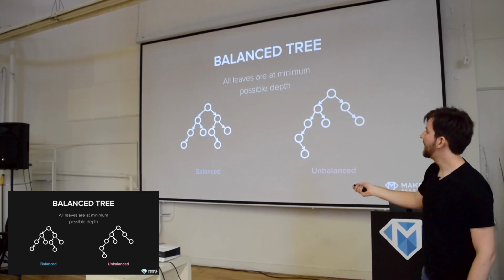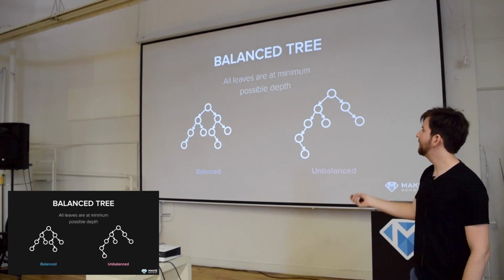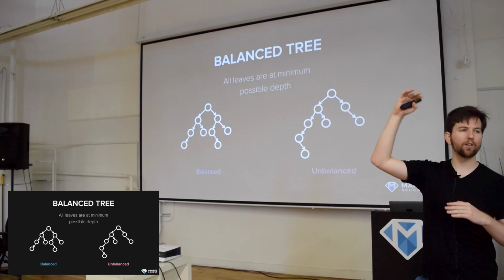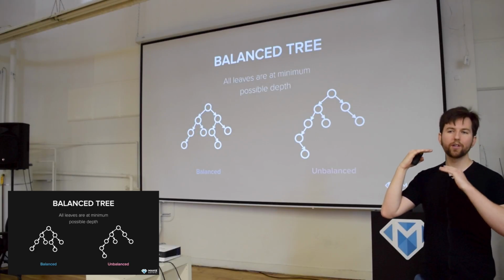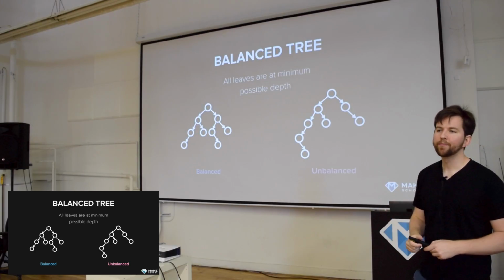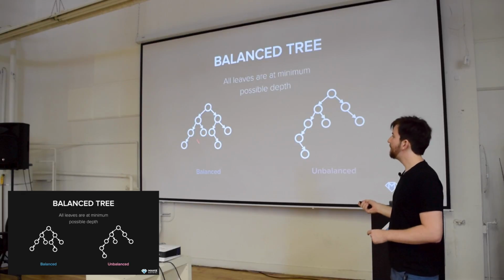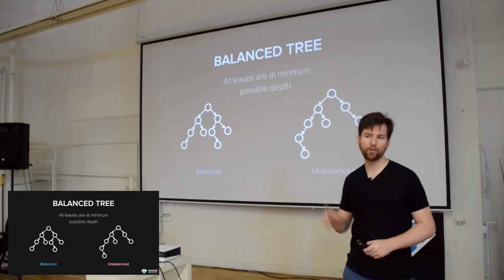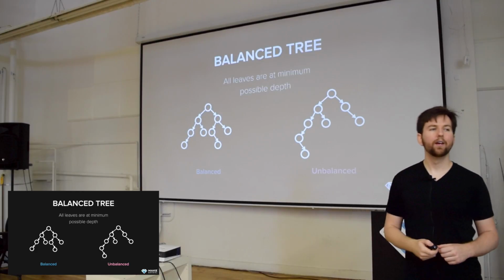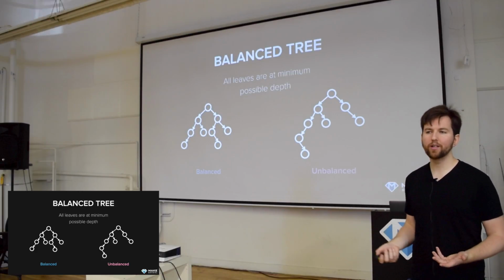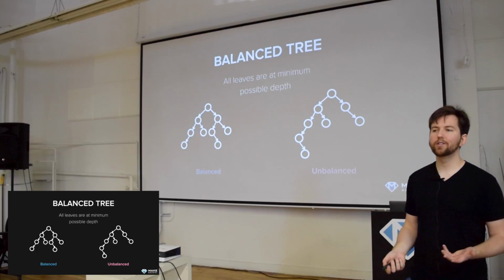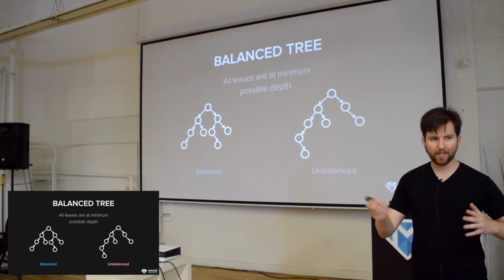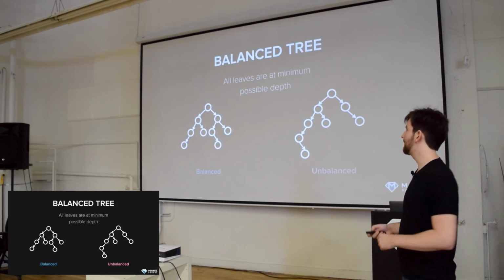But this tree is balanced because these nodes here have nowhere to go. They can't be in any higher level. So those leaves are at the minimum possible depth. Keeping trees balanced in general is really helpful for performance, and we'll talk about that also in a bit. Having a balanced tree is a great property to ensure that your tree stays very performant: fast access, insertion, deletion.